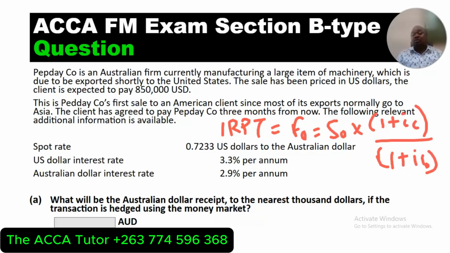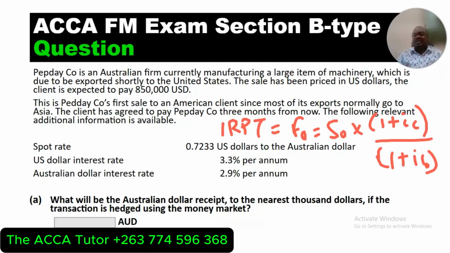And we have the spot rate, we have the annual rates, but these annual rates have to be adjusted to 3 months tenure.